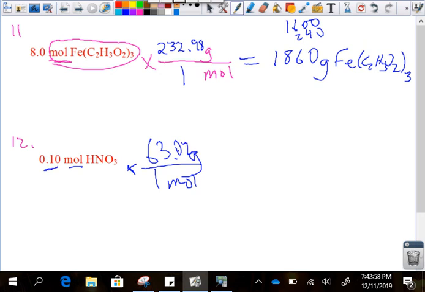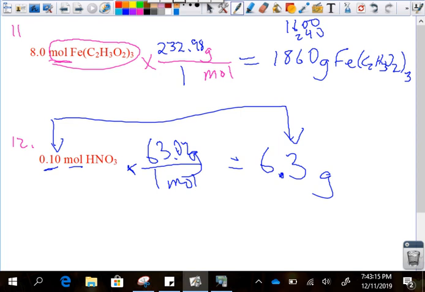It's 1/10 times 63.02. That's just 6.3. Just move the decimal, but grab a calculator if you need it. 0.1 times 63 is 6.3. This has 2 sig figs. That has 2 sig figs. And I move on to the next set of questions.